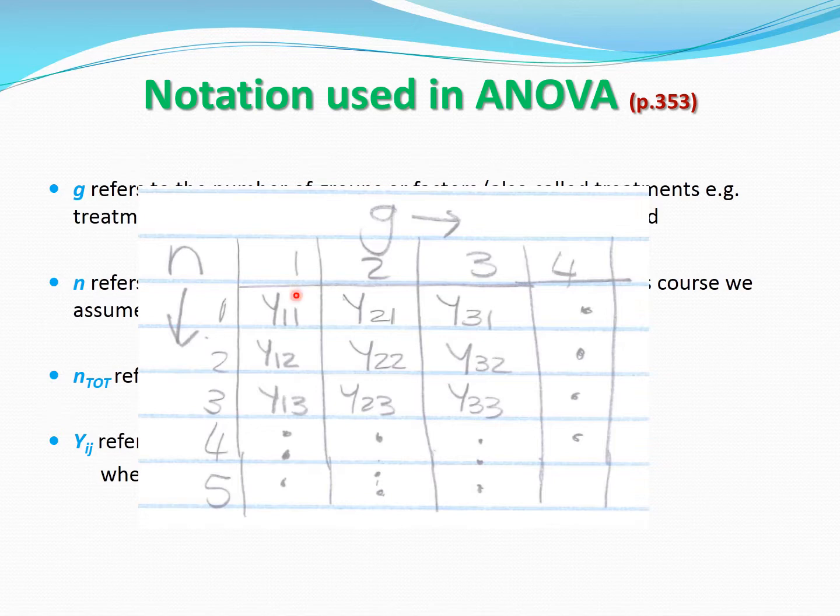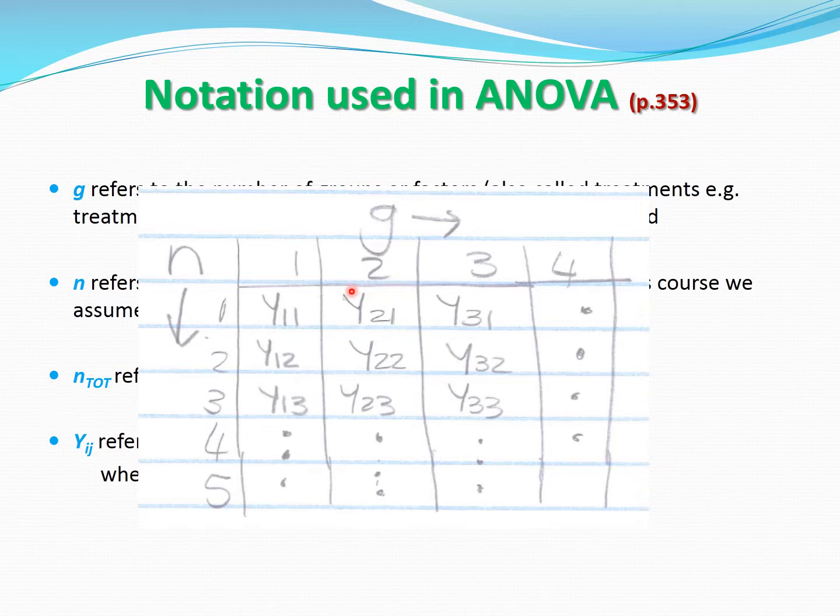Then it means that the first element will be Y11, since that will refer to the first element in the first group. The second element in group 1 will be numbered Y12 because that element refers to the second element in the first group, etc.